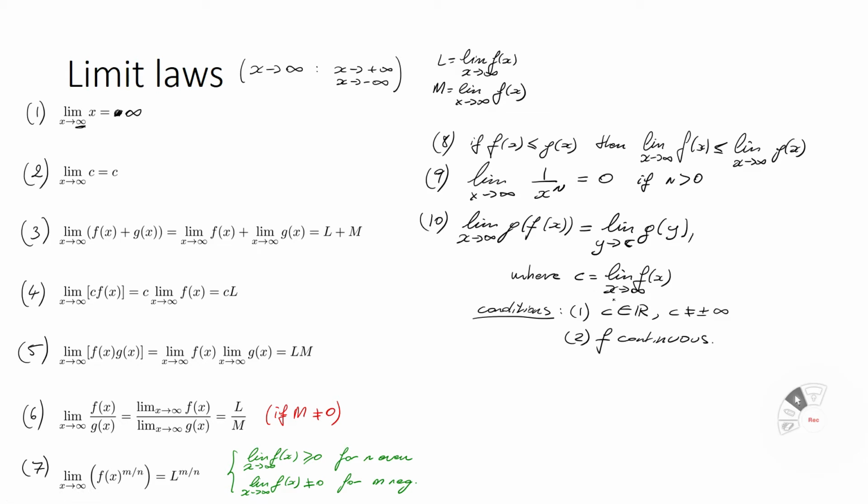So if you want to use this property, you have to check that the two conditions hold. So these are very useful properties to compute limits, as we'll do now. Most of the time you don't use them one at a time, but you'll get some intuition and then you'll use them rather quickly. But for the example, let's work things out a little bit more in detail.